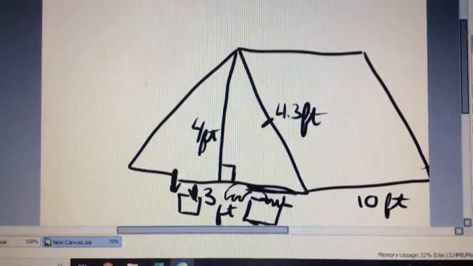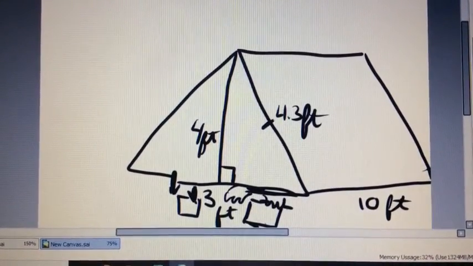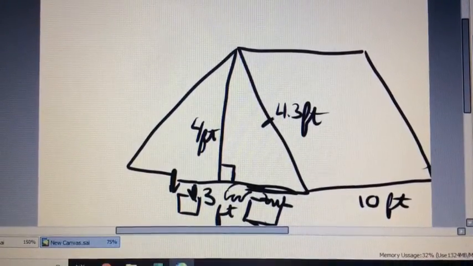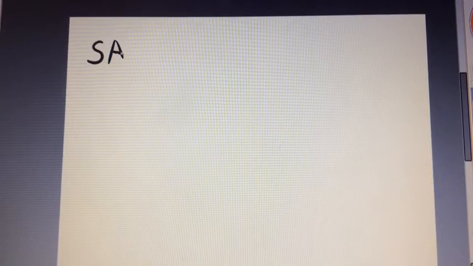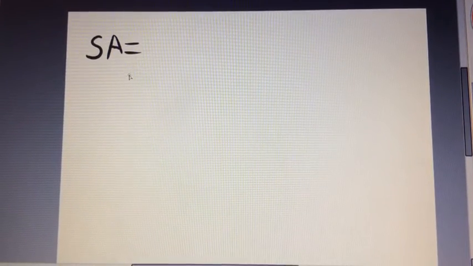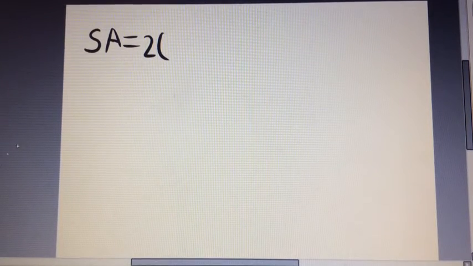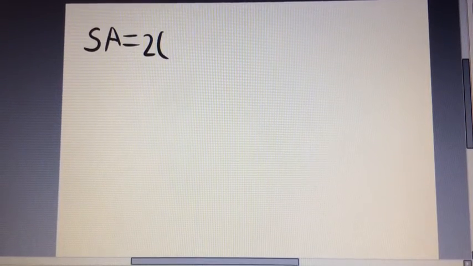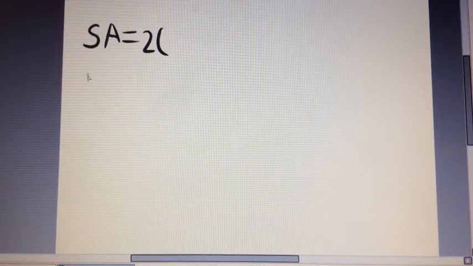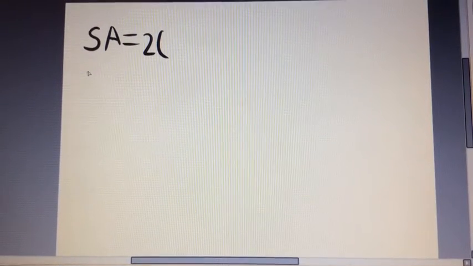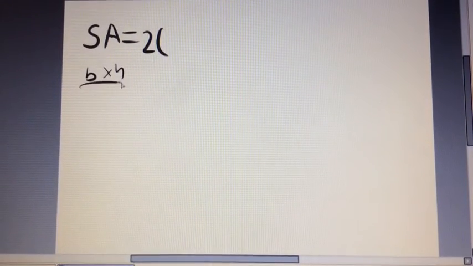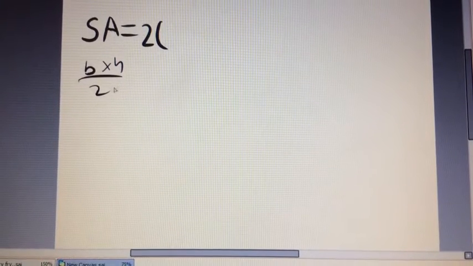So now we can finally solve the surface area of the prism. Surface area will equal 2 times the area of the triangle. And how you find the area of the triangle is base times height divided by 2.